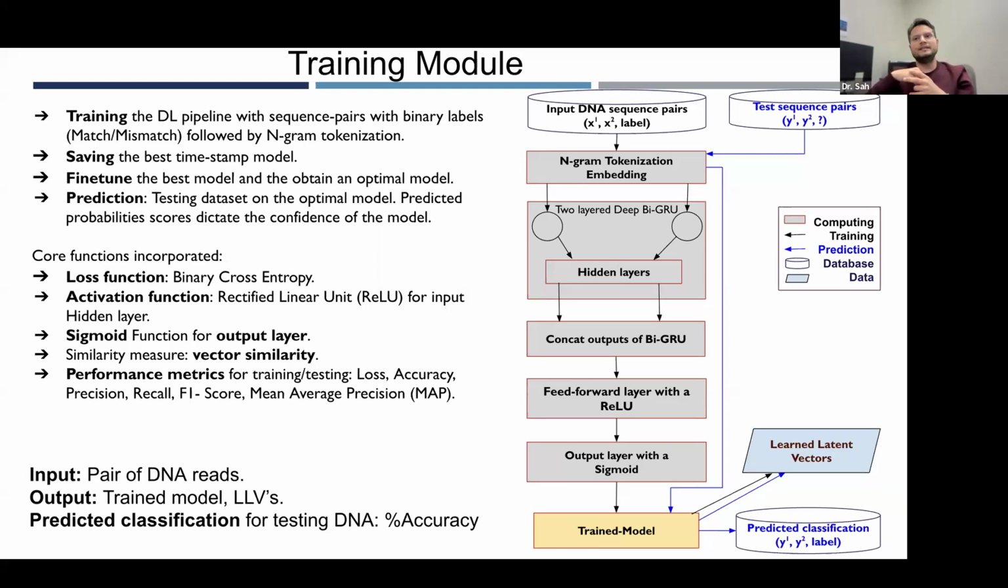It should not be altered at any cost. That's why we do fine tuning. And after fine tuning, let's say the model is totally trained.